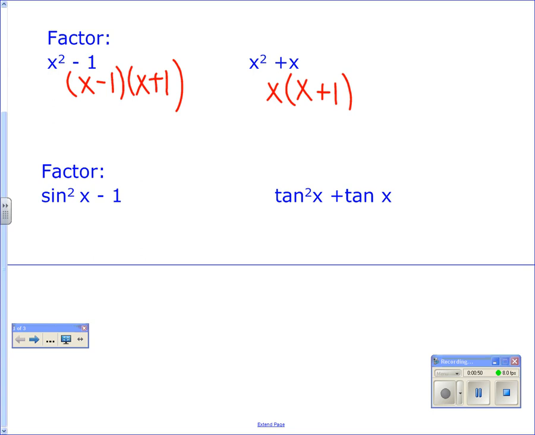If you don't like this sine squared x, sine squared x is the same thing as sine of x squared. So if you need to rewrite them like that every time, that's fine. That means the same thing.